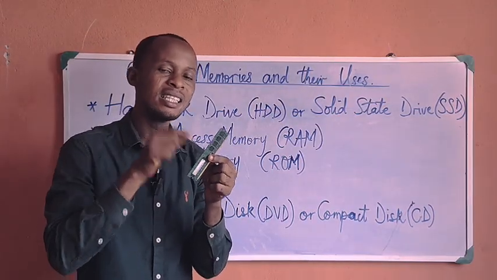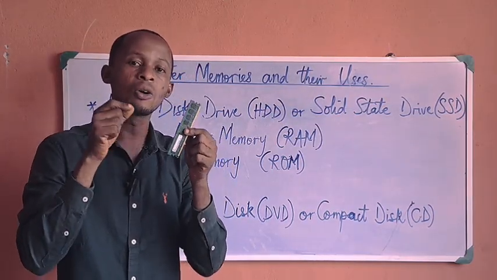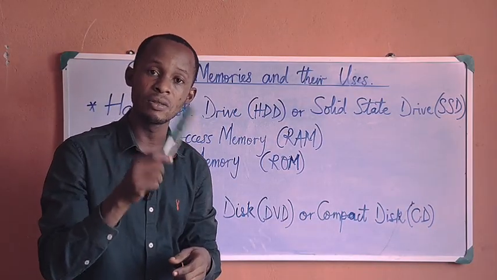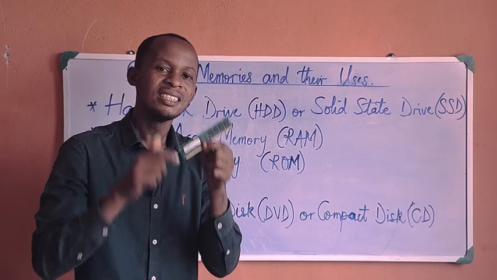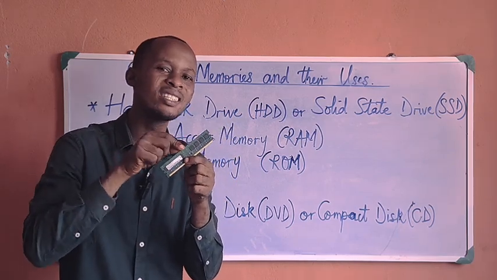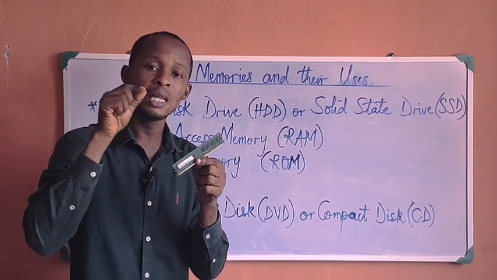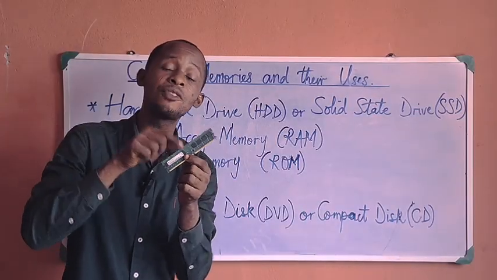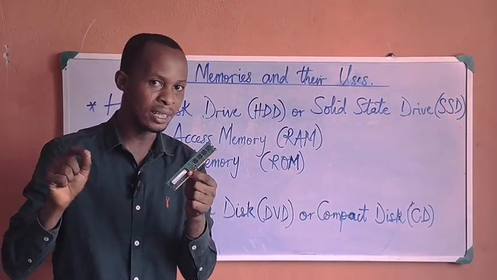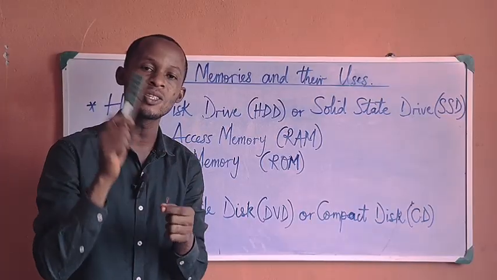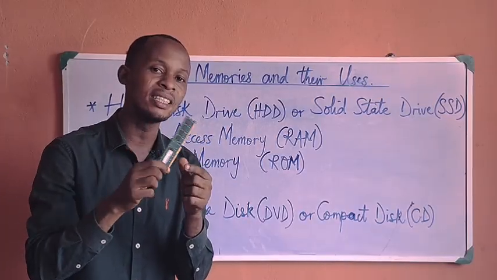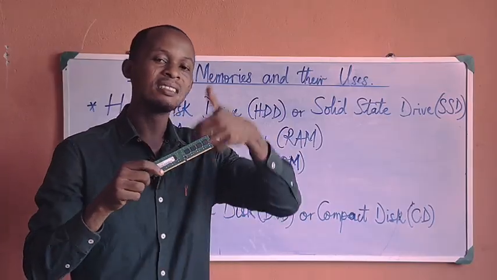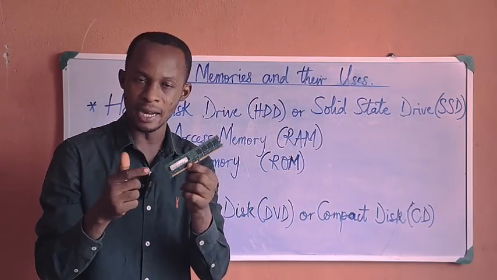The RAM is a temporary computer storage device, in the sense that data are only stored on it when your computer is on. The moment you switch off your computer system, all that is saved on it will be erased immediately. The moment your computer is off, all the data and everything that is on RAM disappears. That is why we call it a temporary storage device.